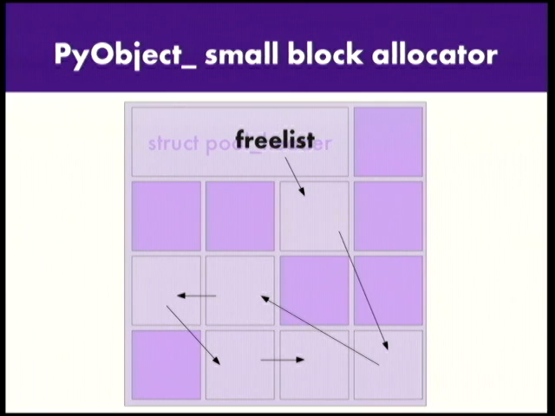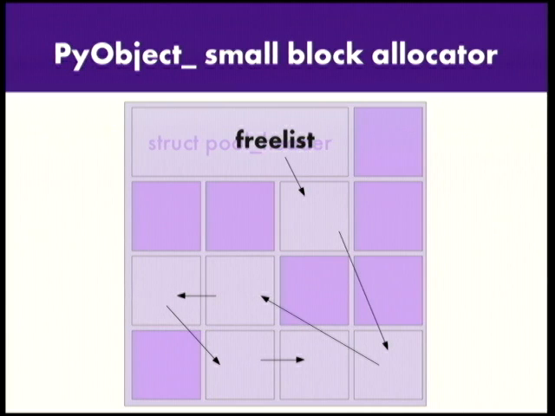When you call free and pass one of these things in, the Python small block allocator figures out whether it's real malloc memory or small block allocated memory by saying, is it inside of one of the arenas? Oh, it is. Okay, then we can take its address, shave off the bottom couple of bits, and that'll give us the head of the 4K block, and that's the pointer to the struct pool header. And so now we can figure out what the disposition of this memory is.